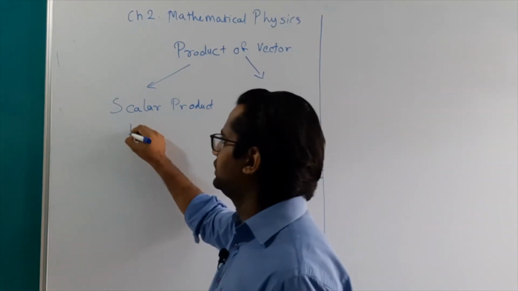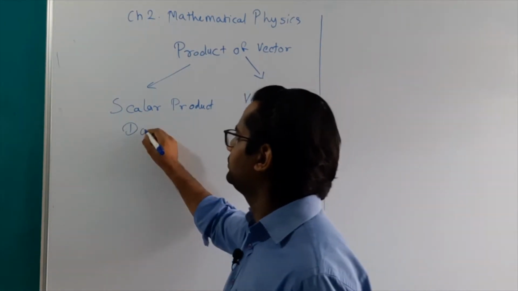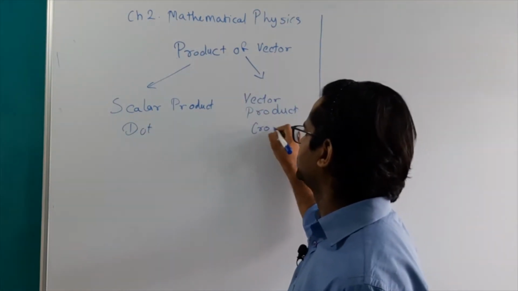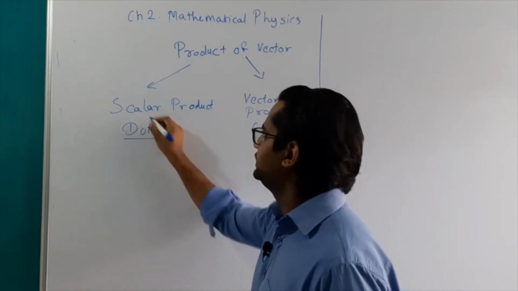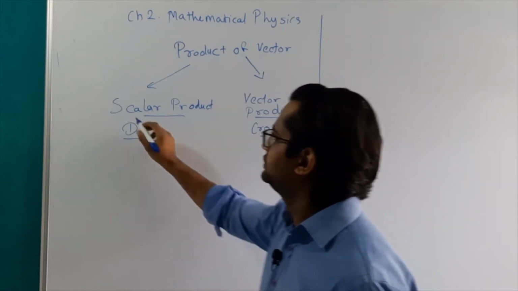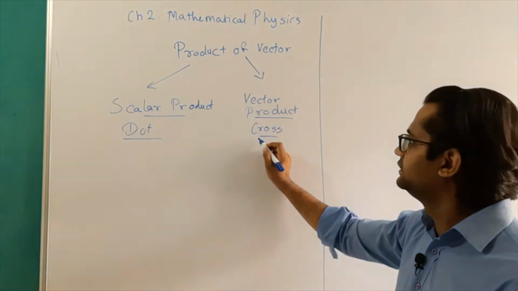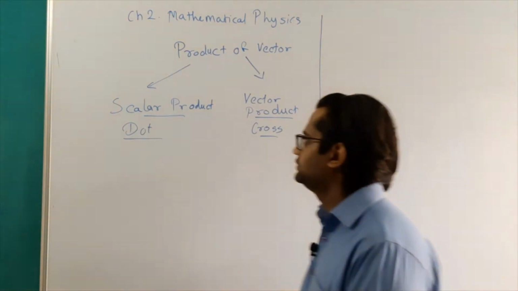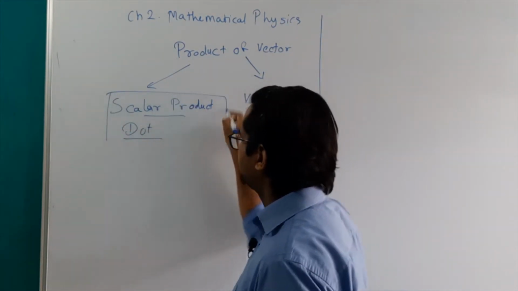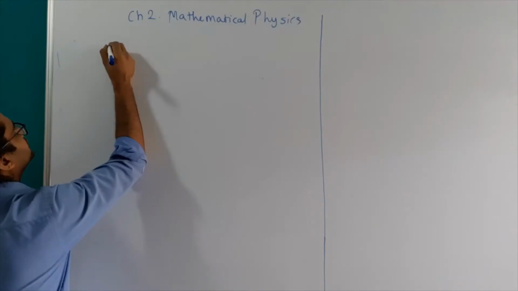These products are also called dot product and cross product. So we will learn each topic one by one. Scalar product is also called dot product, and vector product is also called cross product. Fine. So let us study this scalar product first in detail.